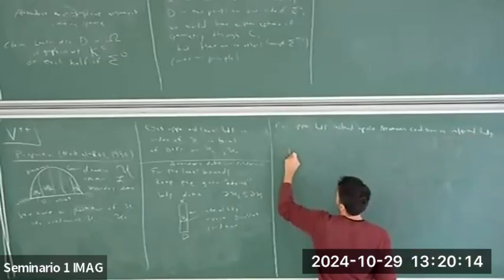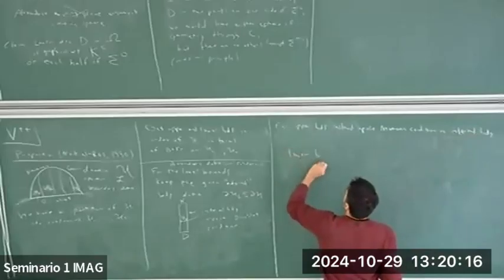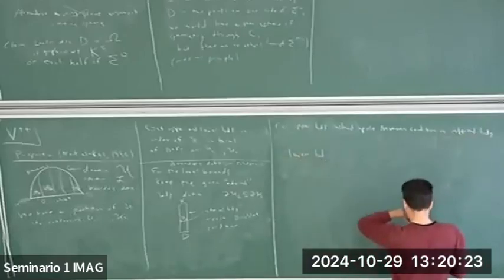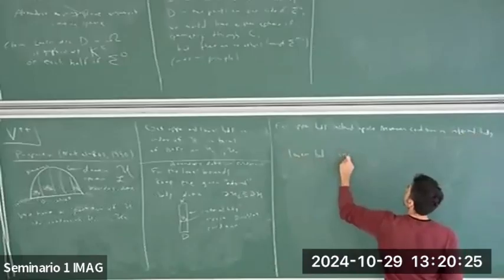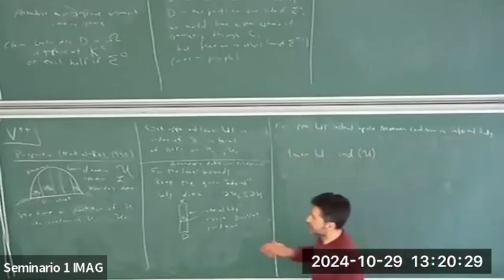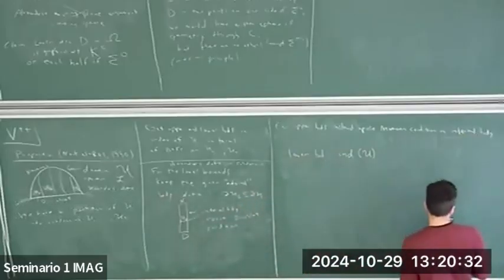Okay, and then we get our bounds. Okay, so the index of U, and I mean with the given boundary data.